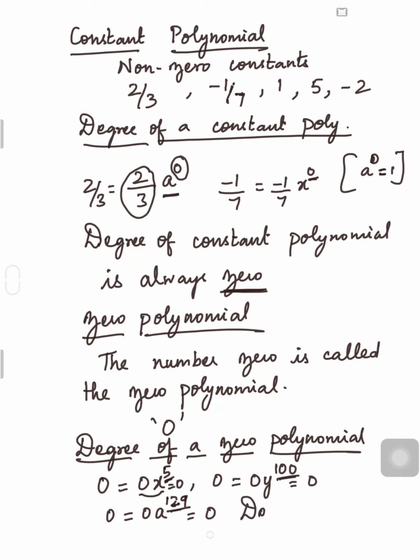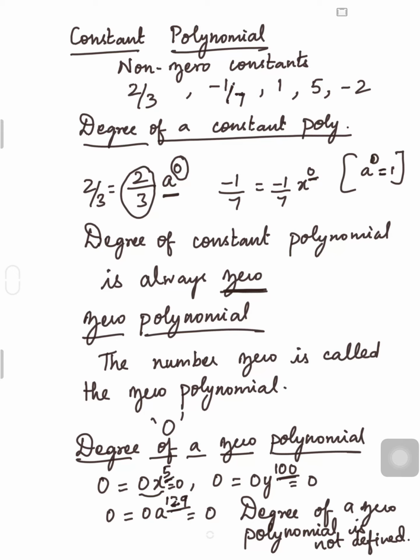So we come to the conclusion the degree of a zero polynomial is not defined, because each one of us will get different degrees. So we cannot say this is the degree of a zero polynomial.